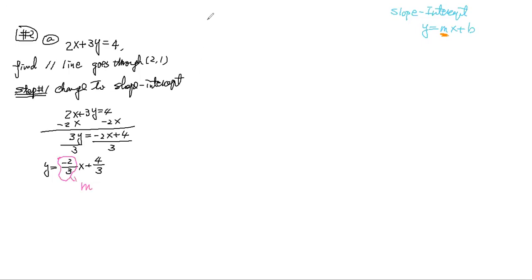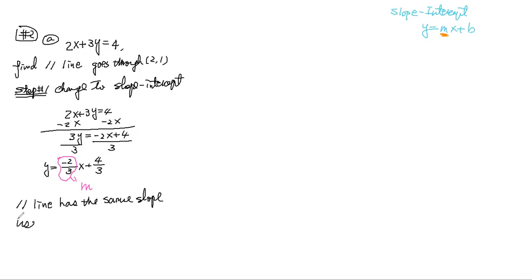The next thing: if a line is parallel to it, what is the characteristic here? It has the same slope. So that means the slope will be equal to negative 2 over 3.